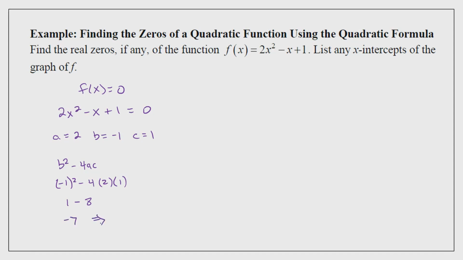Now, negative 7 is less than 0, which means there are no real solutions for this problem. So we have no real zeros and we have no x-intercepts. So not applicable, or we say does not exist.